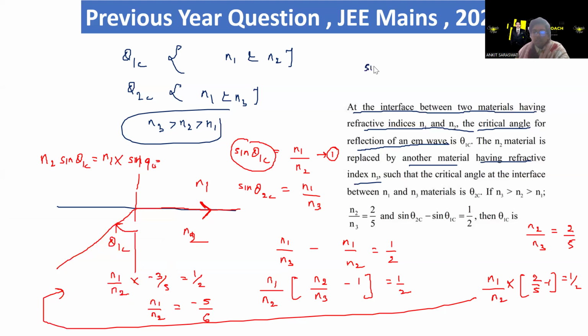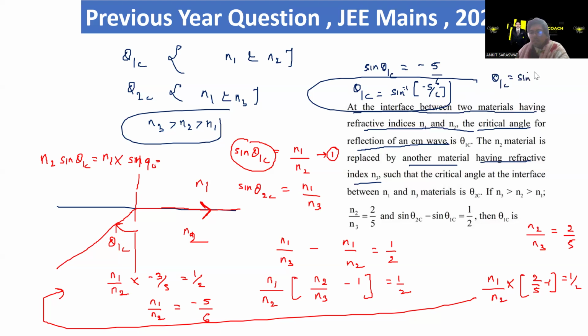So I can write sine theta 1c will be minus 5 by 6. So theta 1c, what they are asking, is sine inverse of minus 5 by 6. Okay, again I'm writing here. Maybe I was just not writing properly. I am writing again like this.